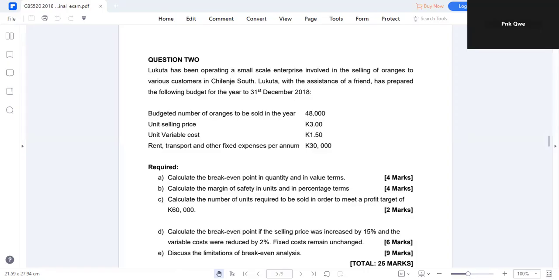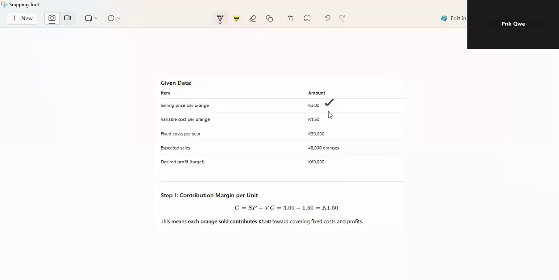Variable cost. So what is the selling price? 3 kwacha. What is the variable cost? 1.5 kwacha. Let's subtract these two. So our contribution is 1.5. Is that clear? Anyone lost on contribution? We're clear.